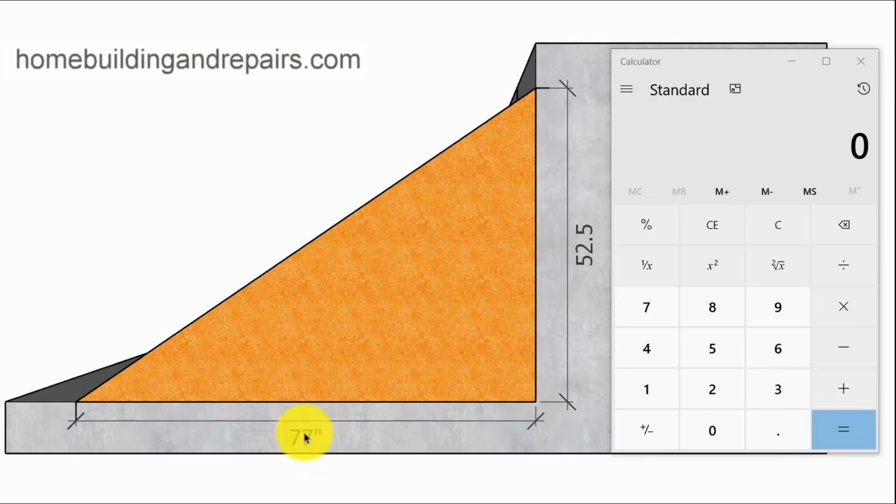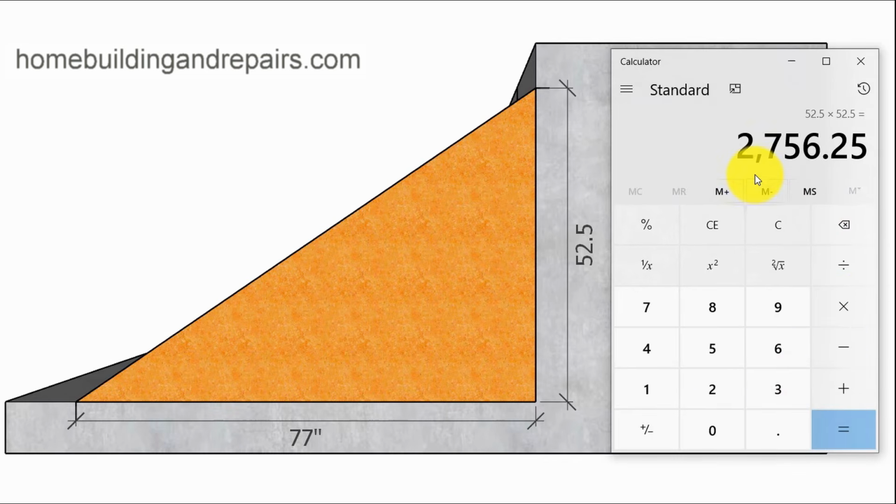So we need to multiply each one of these numbers by themselves. I'm going to take the number 77 and multiply it by 77, and that equals 5,929. I'm just going to write that number down on a piece of paper, clear it, and then multiply 52.5 times 52.5.